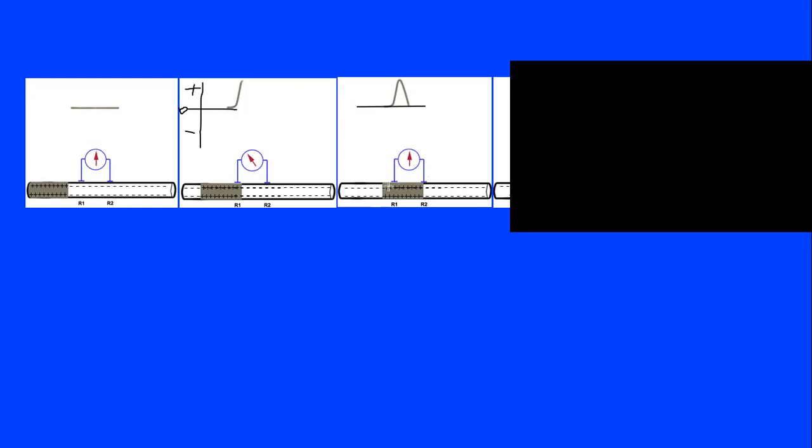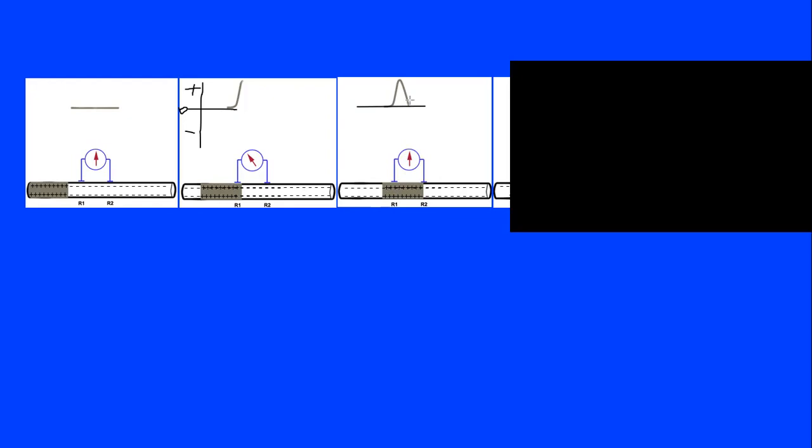So now there is no difference between inside and outside. My pointer is perpendicular, showing me the inside is positive, the inside here is positive. There is no difference in charge between the two electrodes. So you have gone back to where you started.